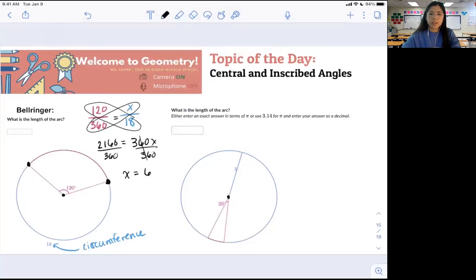Good, good, good. Any questions on number 1? Okay, now what's different about number 2? Physically, yes, it looks different, but they give us the radius, they don't give us the circumference.